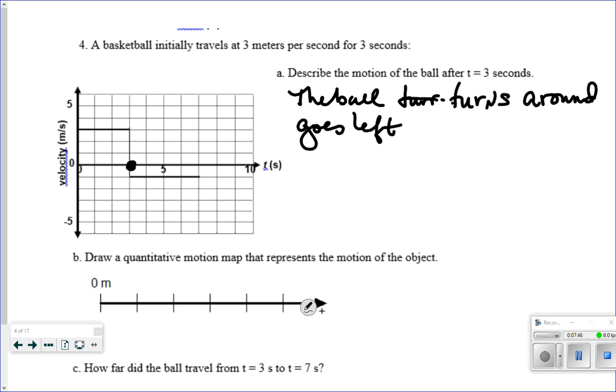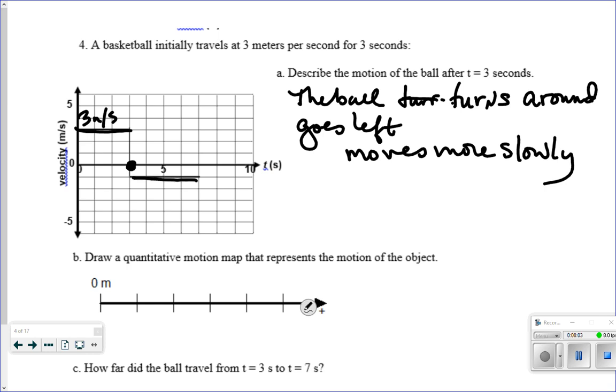So we're reversing direction, but also it moves more slowly. Right? You notice that up here, I've got a velocity. It's a constant velocity, but it is what, 3 meters per second here, right? And down here, it's only at -1. So it's not moving as quickly, and it's also going the other way.